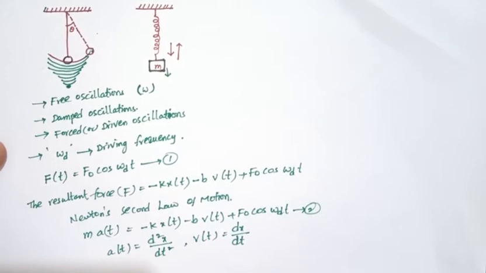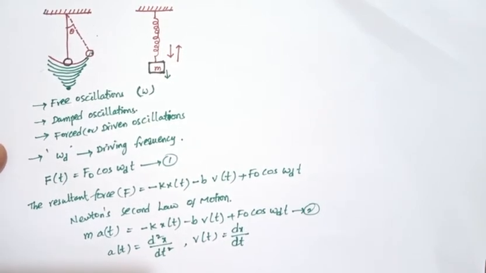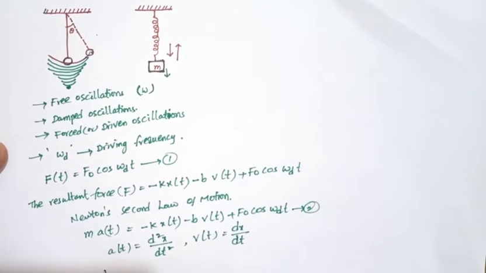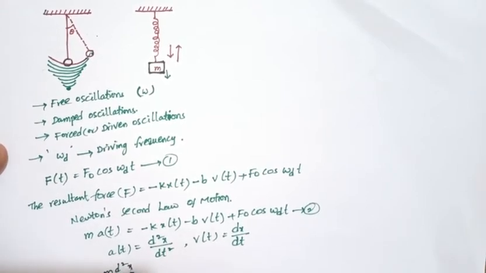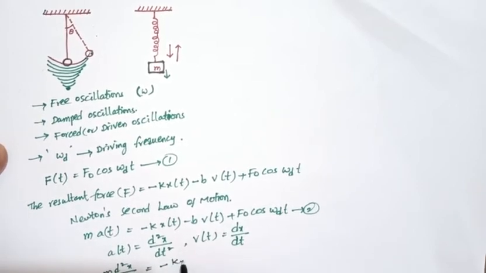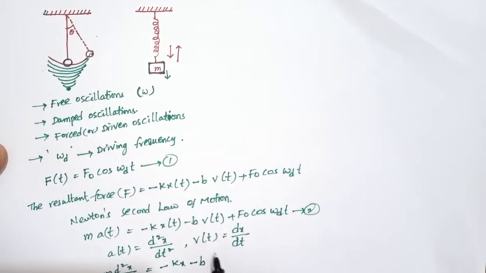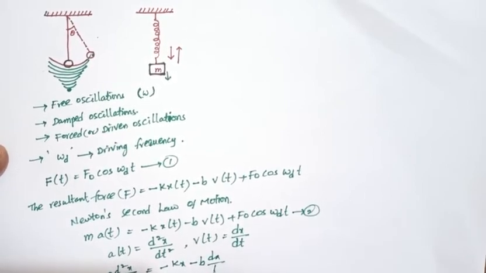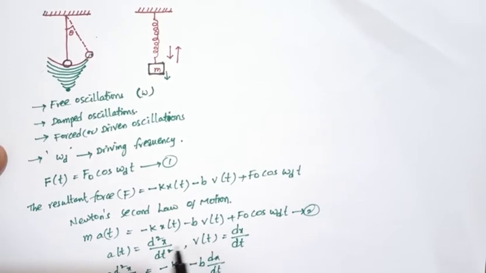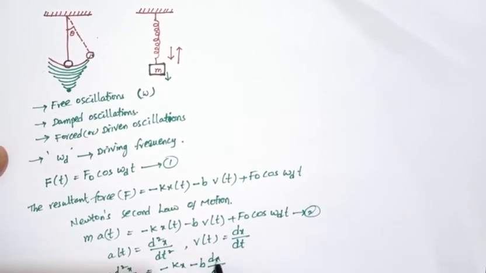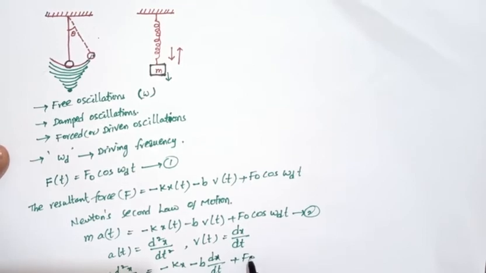Then it is written: m d square x by dt square equals minus k x minus b into dx by dt, plus F naught cos omega d t. We have not written them as functions of time, so we directly write dx by dt, d square x by dt square, and x here. This is equation number 3.